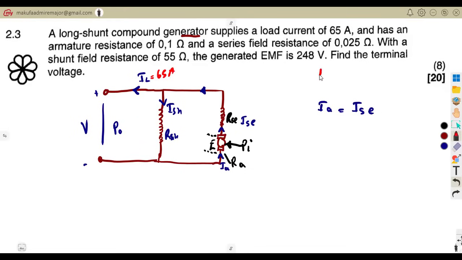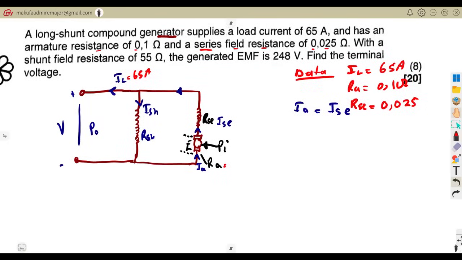Let us just put our information aside. So the load current is given, which is 65 amps, and we are given an armature resistance of 0.1 ohms, and the series field resistance of 0.25 ohms.